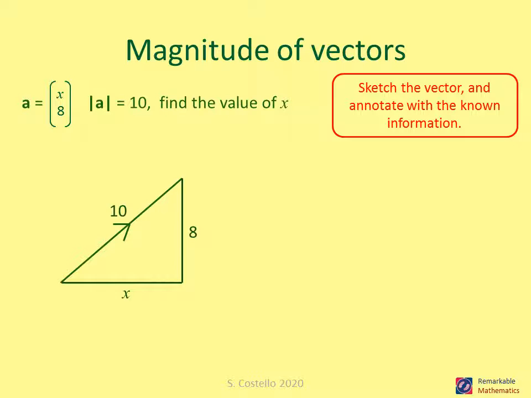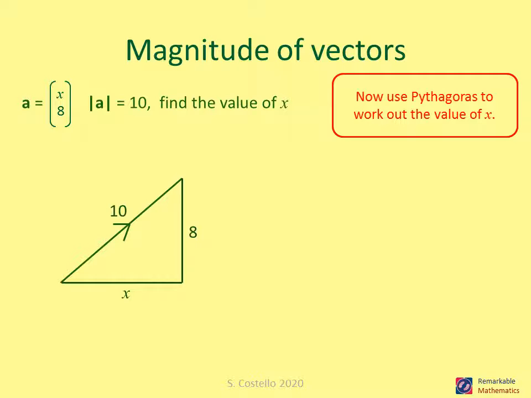So if we look at this, the question may look a bit confusing, but actually when we look at what we're doing, it is again very straightforward Pythagoras theorem. So 8 squared plus x squared equals 10 squared. x squared equals 10 squared minus 8 squared.